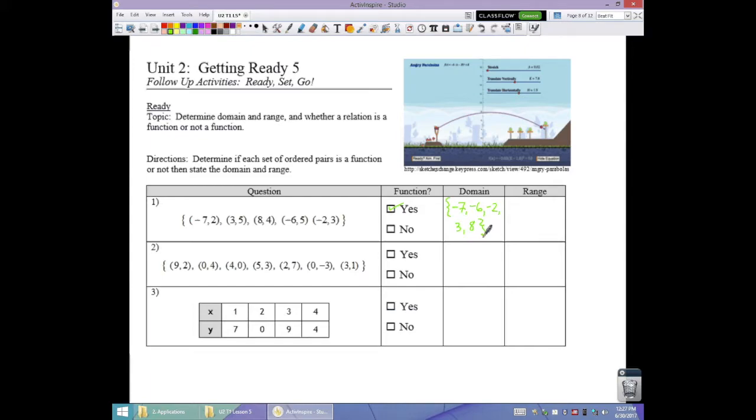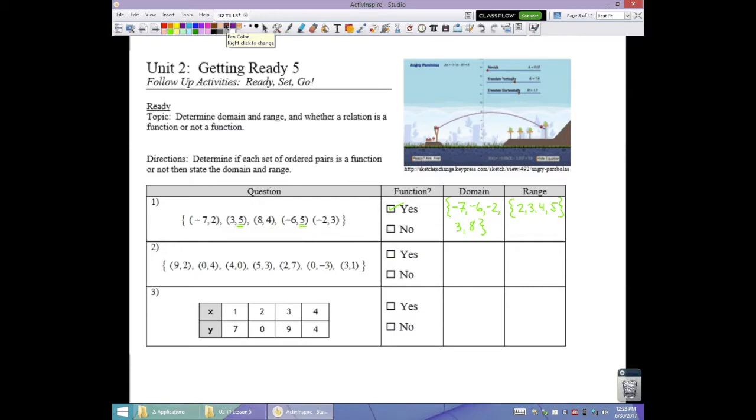The range values would be 2, 3, 4, and 5. Now notice the 5 is in 2 of the points, but when you list the domain and range, you don't ever repeat the values. Doesn't matter how many times they're used, you're just listing everything that is used.